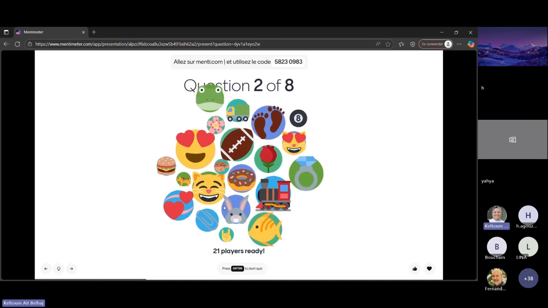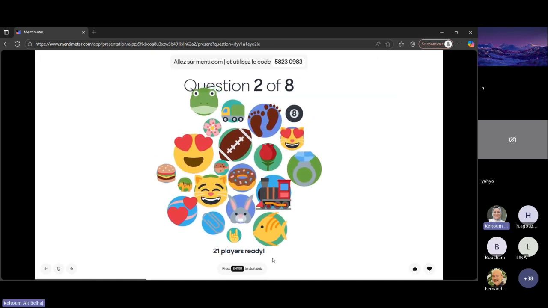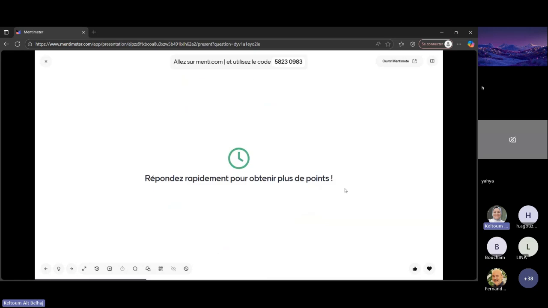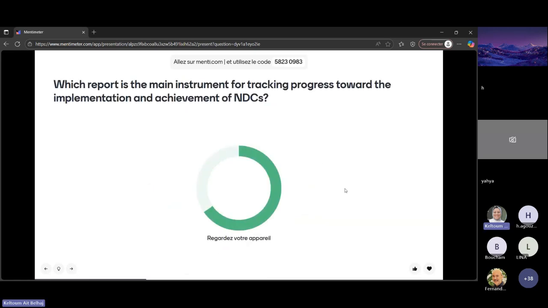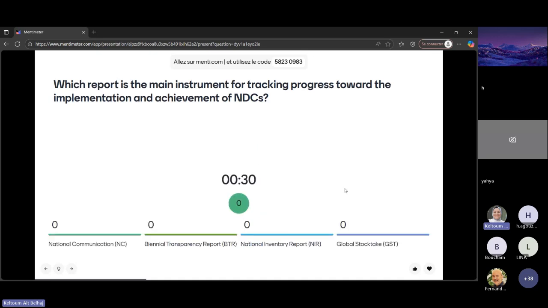Question 2 of 8. We have 21 players. Which report is the main instrument for tracking progress toward the implementation and the achievements of NDC? Which of all of these is the main instrument for reporting on the progress made in NDC?